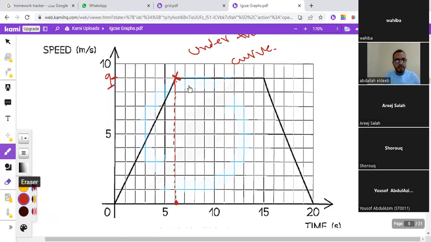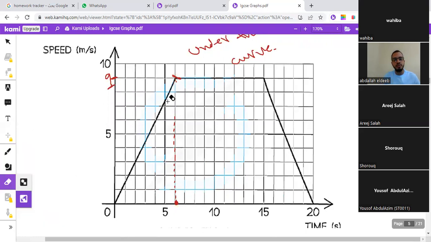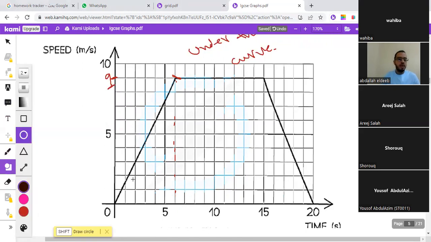Look at the shape. Here you divide like this.